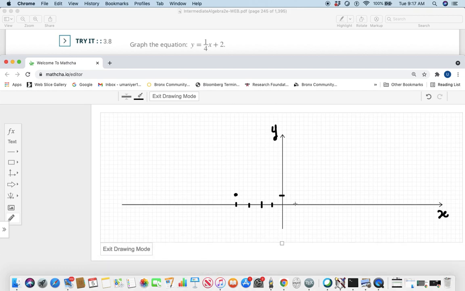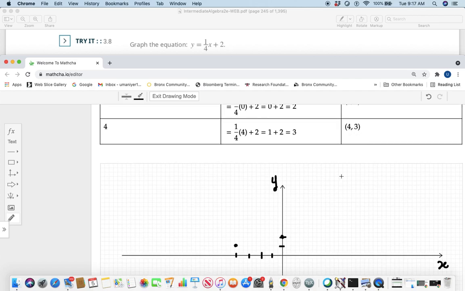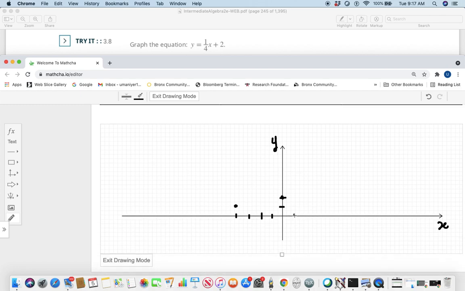On the x-axis, you are at 0. On the y-axis, you are at 2. 4, 3. On the x-axis, you are 4. On the y-axis, you are at 3. So that's your third point. You're ready to draw the line.